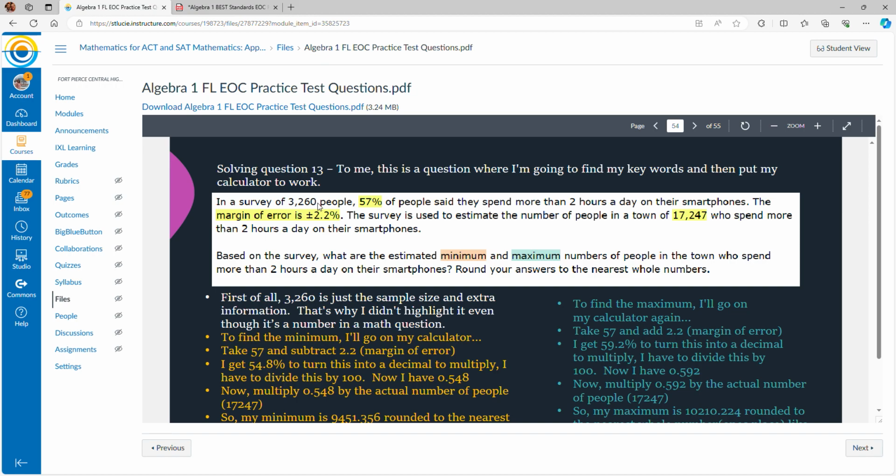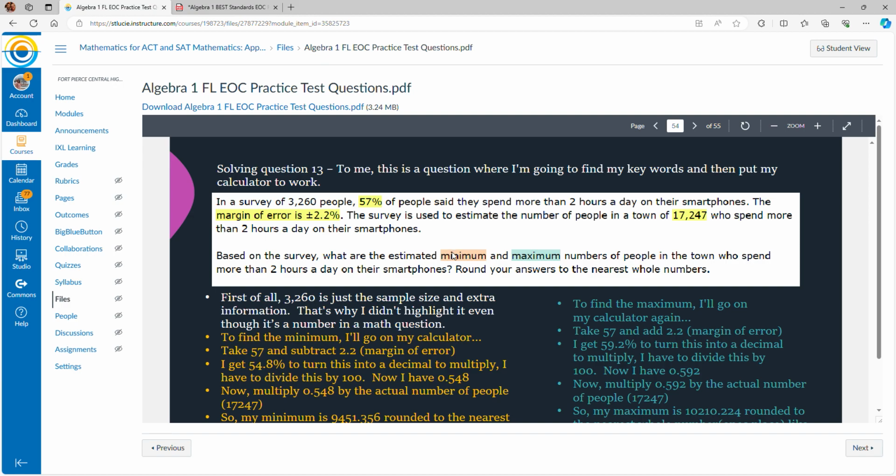So 57% of people with a margin of error of plus or minus 2.2% to find my minimum and maximum. The total amount of people in the town is 17,247. So that 3,260 was just an extra number. It was just telling me how many people were in the survey, but that's not how many people are actually in the town, so I didn't highlight that. I'm not doing anything with that number.